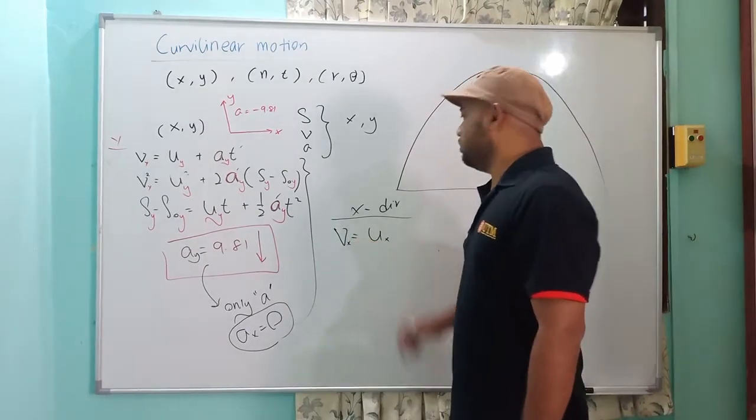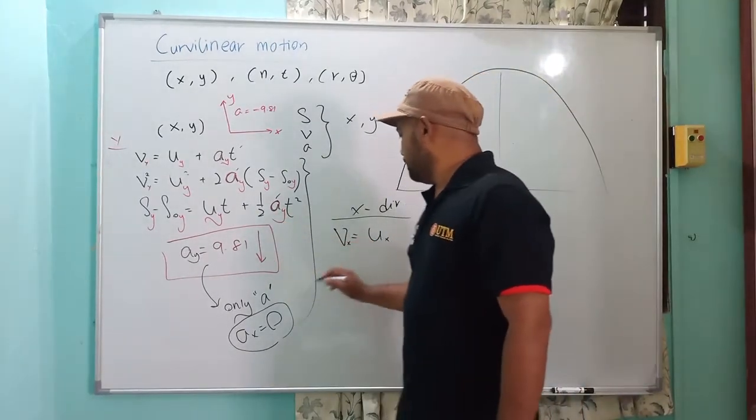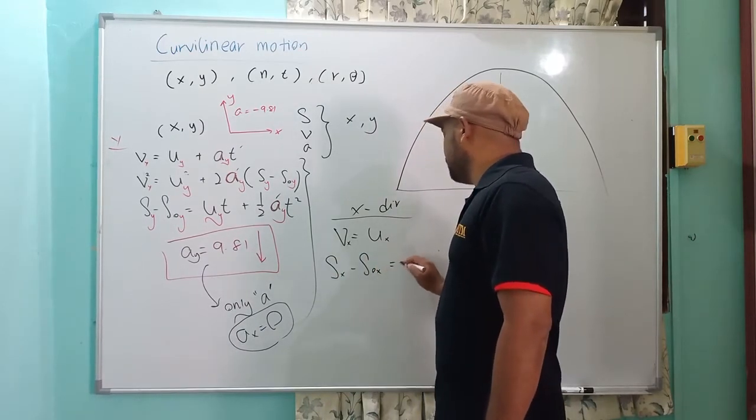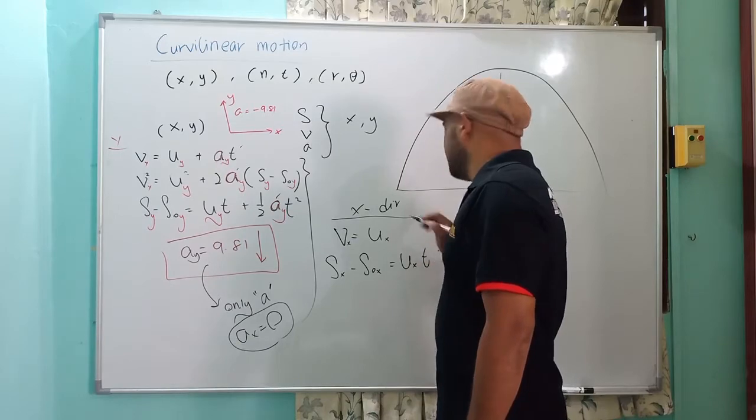So you have vx equals ux, and since this one is 0, the other equation is sx minus s0x equals uxt.